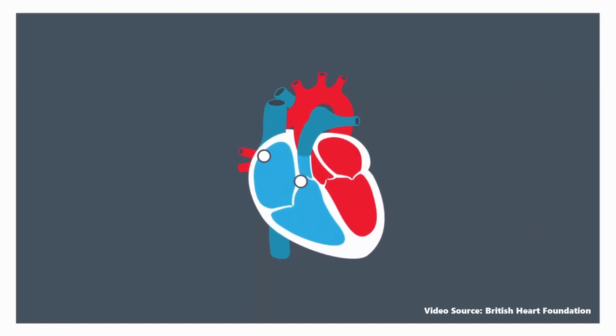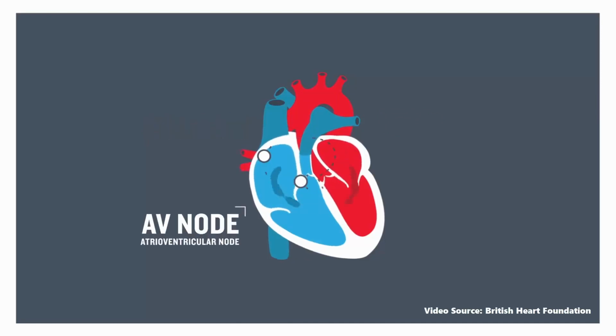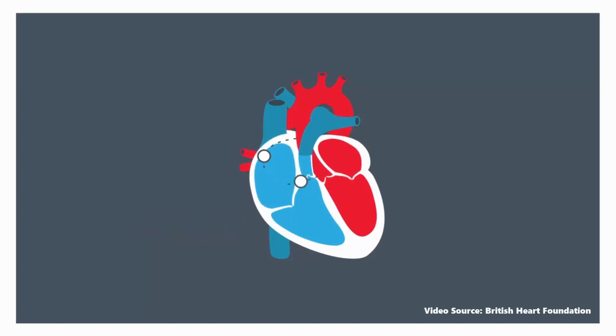If you have atrial flutter, the electrical impulses circulate much faster than normal around your atria. This makes your atria contract much faster than they should, up to 300 times a minute. To control your heart rate, your AV node often blocks some of these impulses. This causes your atria and ventricles to pump at different speeds, putting your heart under strain and increasing your risk of stroke.